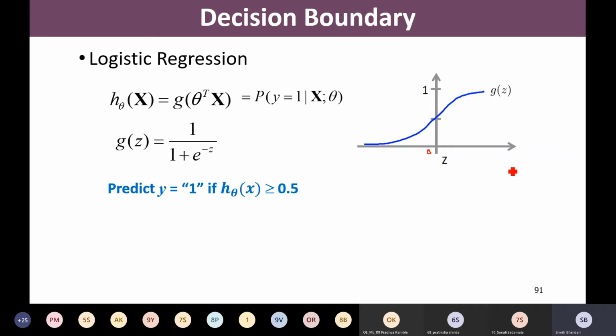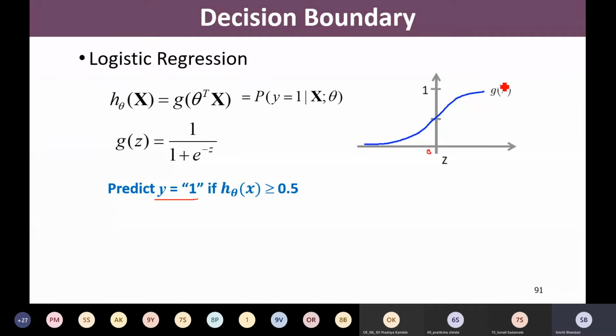Now we are going to extend this discussion further. We are going to predict the class of the sample as 1, so we are going to predict y equal to 1, if my h theta x is greater than or equal to 0.5.